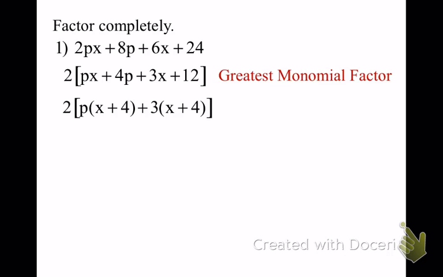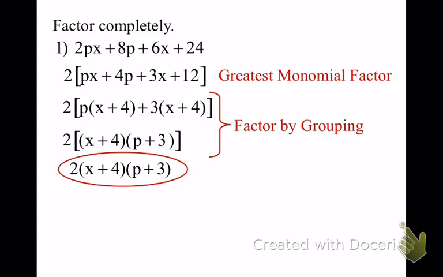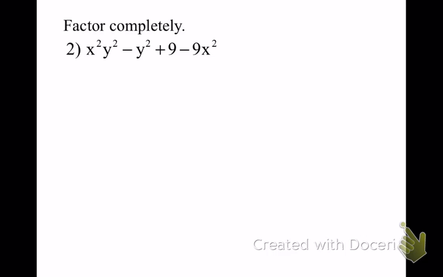Divide out the p, divide out the 3, and we get 2 times the quantity of x plus 4 times the quantity of p plus 3. And if you multiply those all back together, you will end up with 2px plus 8p plus 6x plus 24. Try the next one on your own.